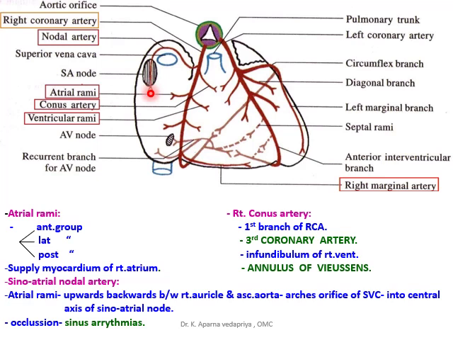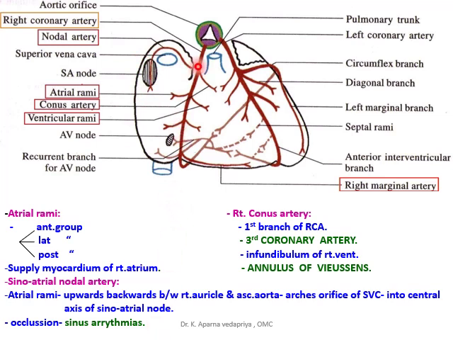That is the reason this nodal artery has its name, sinoatrial nodal artery, and supplies the sinus node, that is the sinoatrial node. So if there is any occlusion of this sinoatrial nodal artery, there is no proper functioning of the SA node, which may lead to sinus arrhythmias.